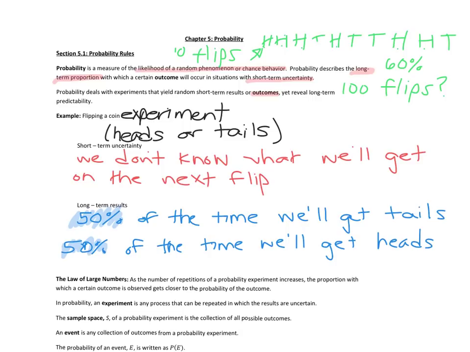It's going to start averaging out to be 50%. So as we get more flips, it will start approaching 50%. Okay, and that's what we're talking about with the long-term results.